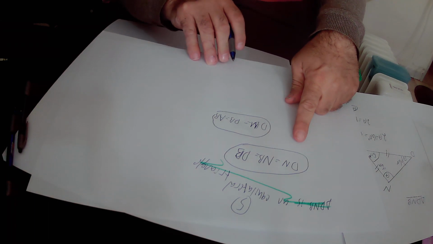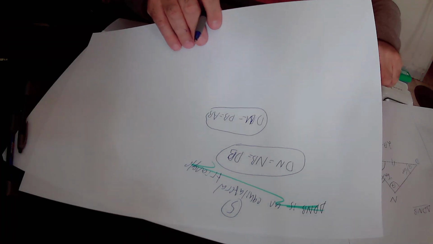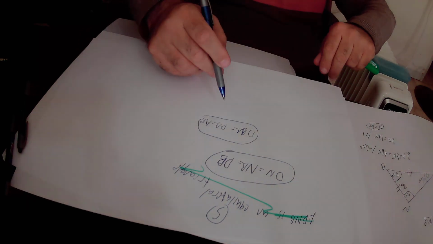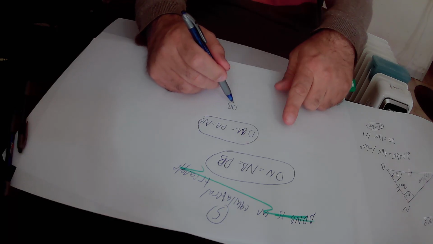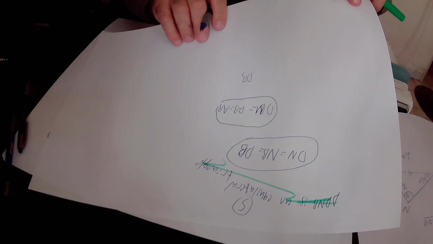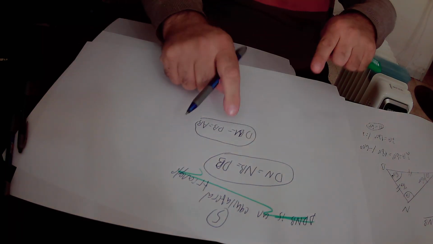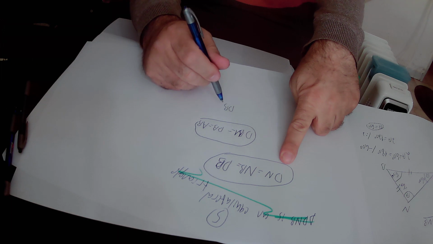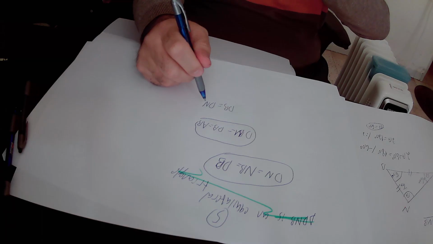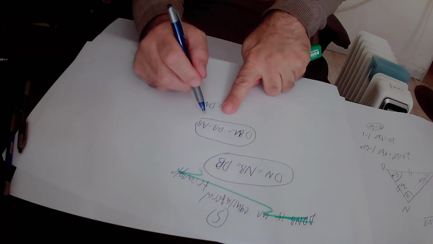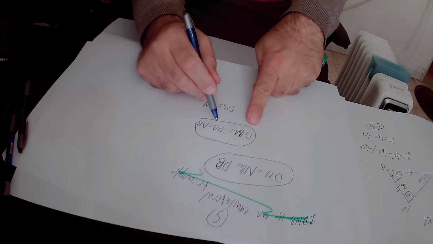So DB, from one side, is equal to DN. DB equals DN from one side. From the other side, from this equation, DB equals DM.